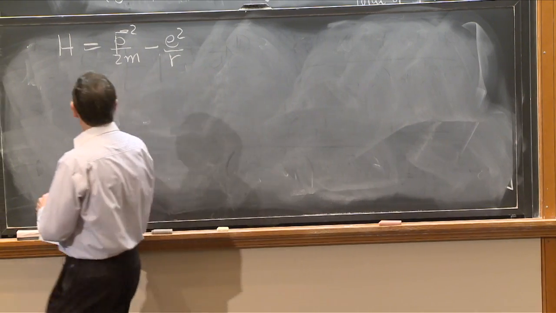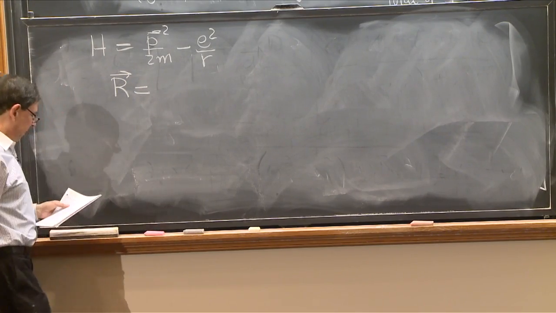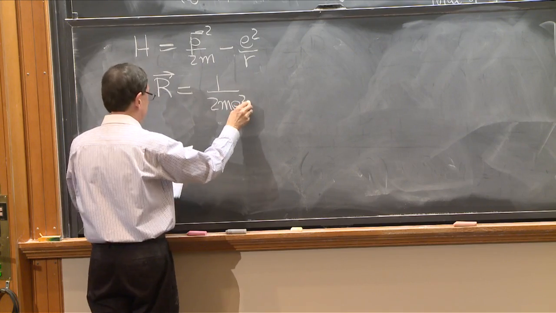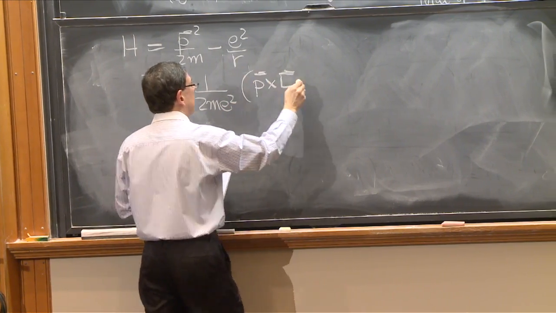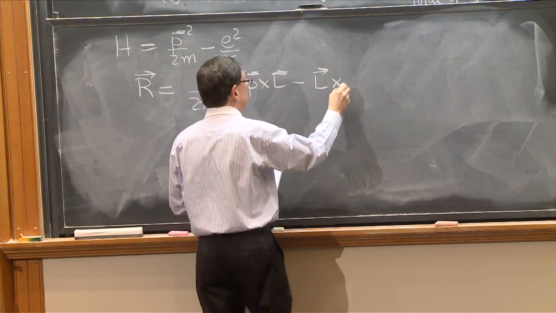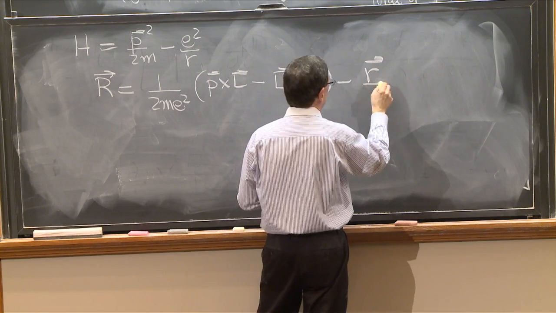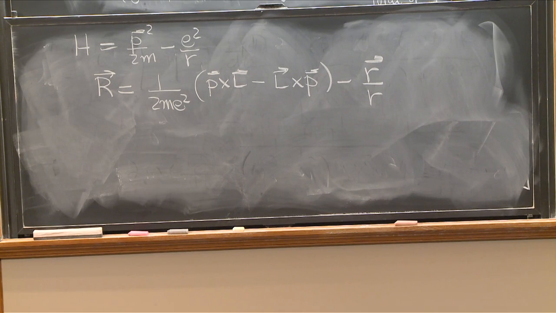So this Runge-Lenz vector R is defined to be 1 over 2m e squared times (p cross L minus L cross p) minus r over r. And it has no units.